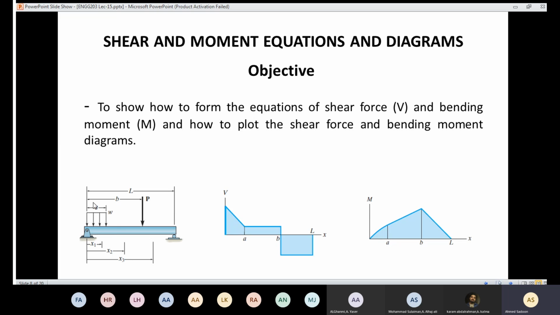And in order to know the values, it depends on the points of discontinuity. Then once I develop the equations for the beam, I'll be in a position to draw the shear diagram and the bending moment diagram.